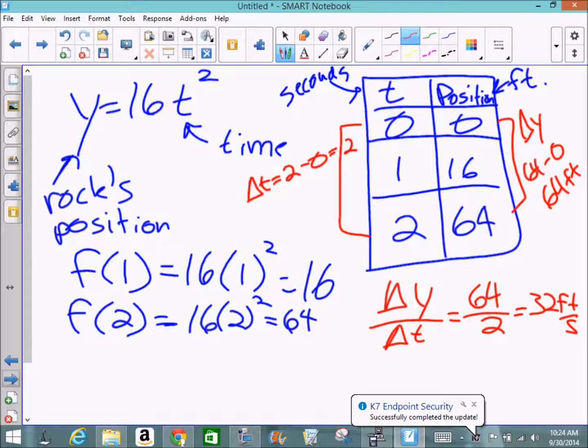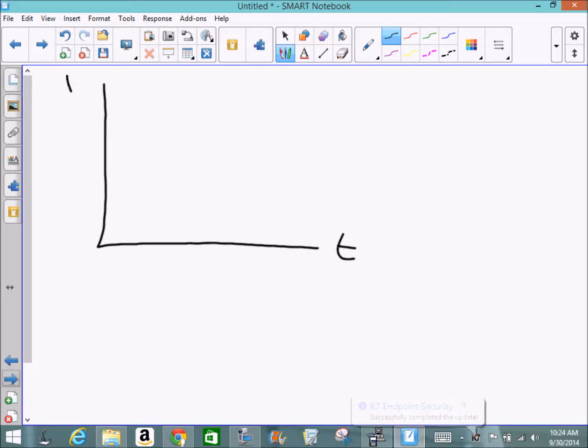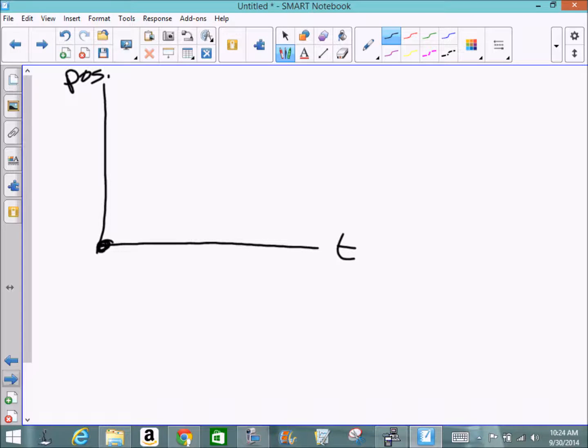However, if I were to graph the function y equals 16t squared, we know that's a parabola. And if we look at the parabola, and I'll draw this real quick, so we have position, which is kind of like y, and t, which is time, which is kind of like x. And if I graph y equals t squared, I'm going to get a parabola.